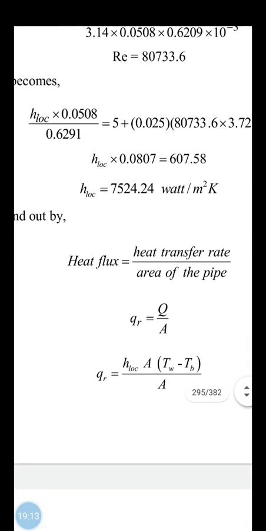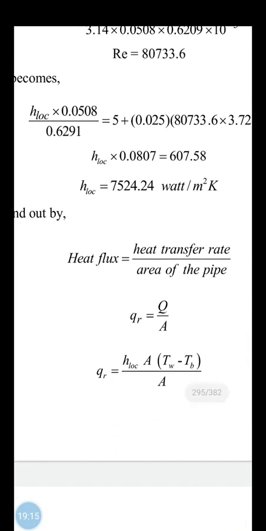Then you can find out the heat flux. What is the heat flux? Heat flux is the heat transfer per area, Q by A, the area of the pipe.